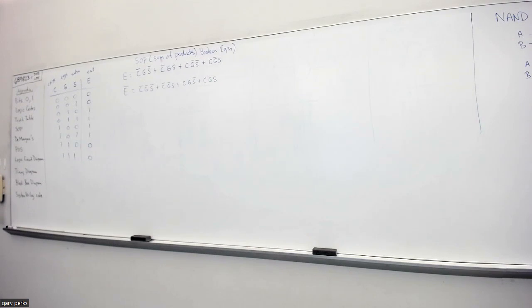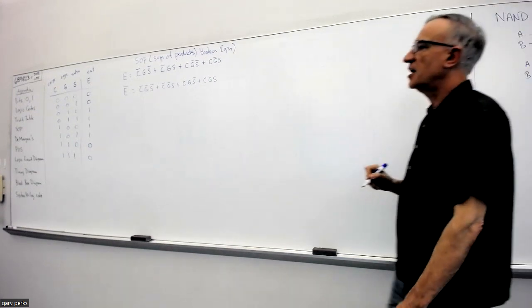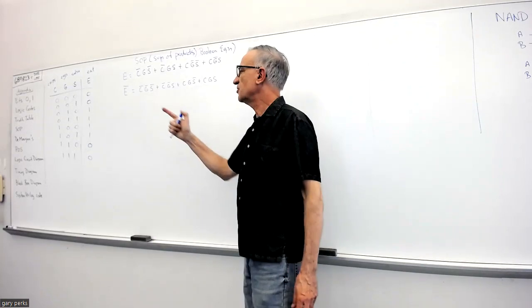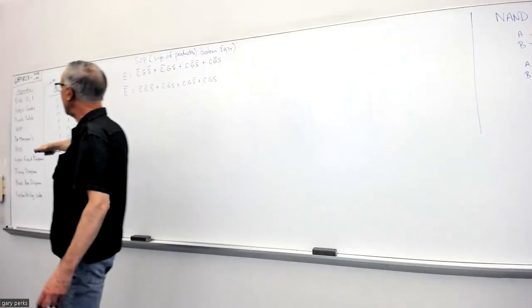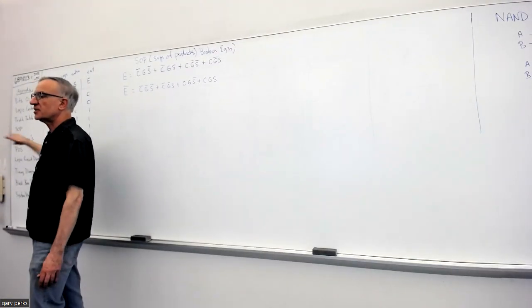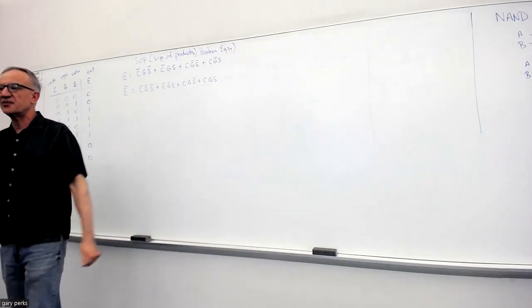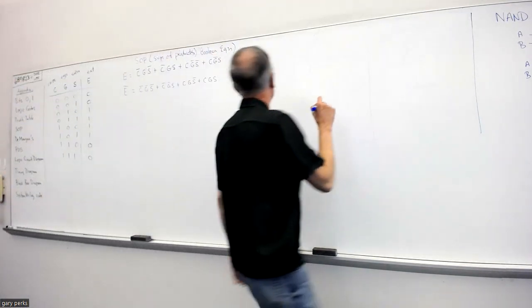POS stands for product of sums. I'm going to show you how to get a POS equation, and in order to show you that, we have to talk about this law, De Morgan's. That's one of the laws on that handout.